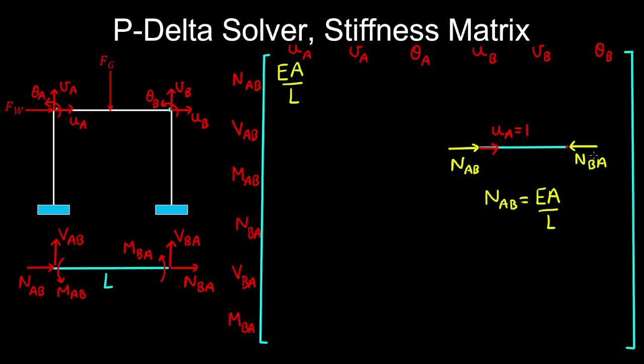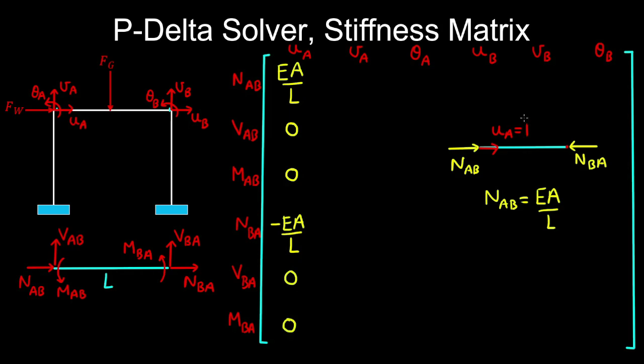And the axial force at B is equal and opposite to the axial force at A. So therefore N_BA is minus EA on L. And that's our second stiffness coefficient. And the element does not undergo bending deformation in this configuration, so the other stiffness coefficients are 0.